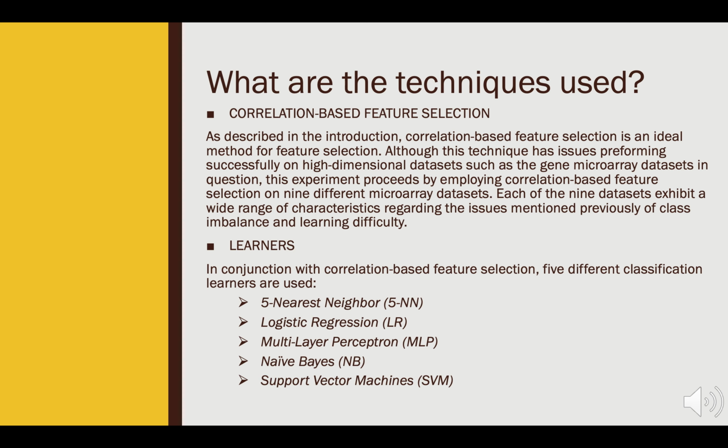Each of the 9 datasets exhibit a wide range of characteristics regarding the issues mentioned previously of class imbalance and learning difficulty. Learners.